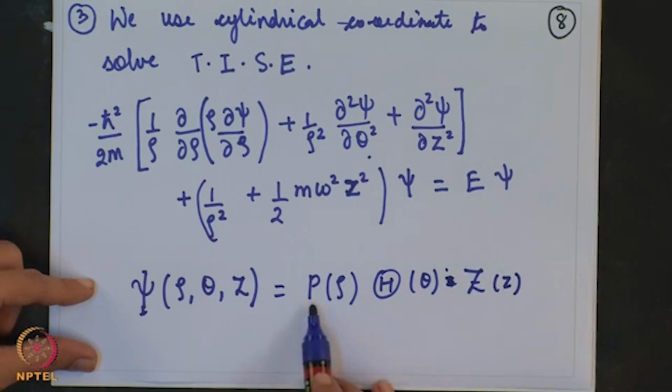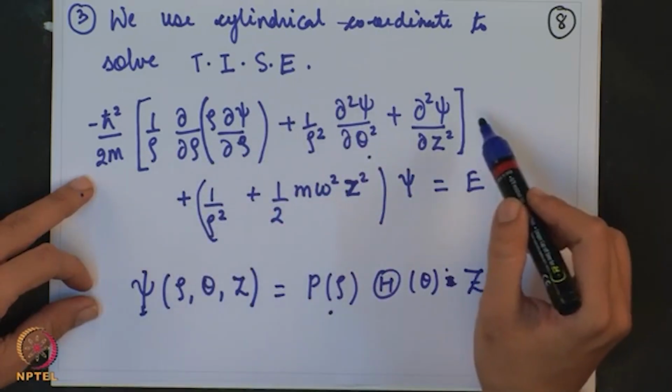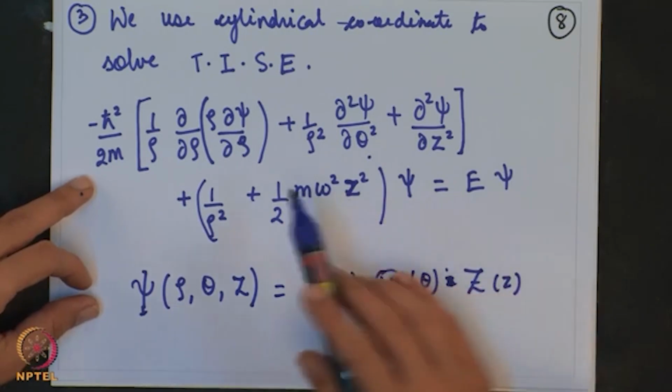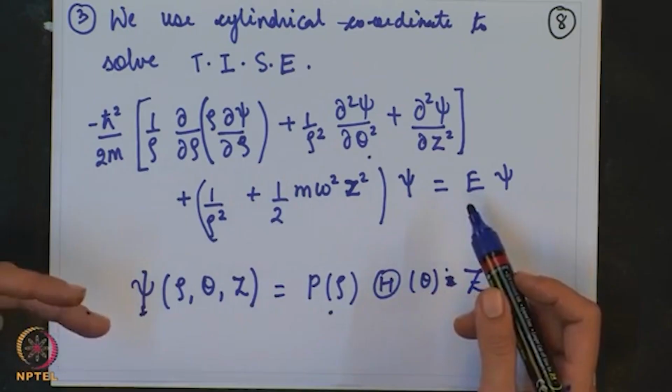You will substitute this in the first equation which I have written for the time independent Schrodinger equation, and do the separation of variables in 2 steps.